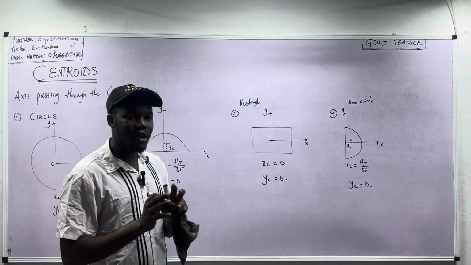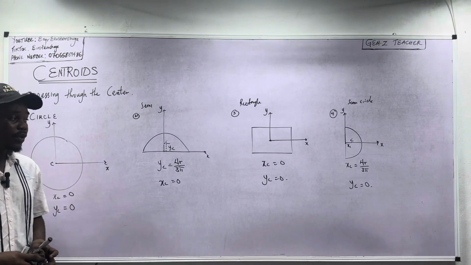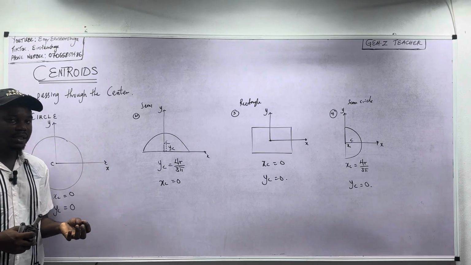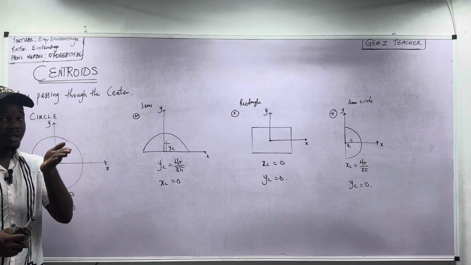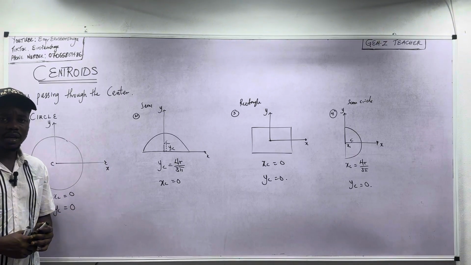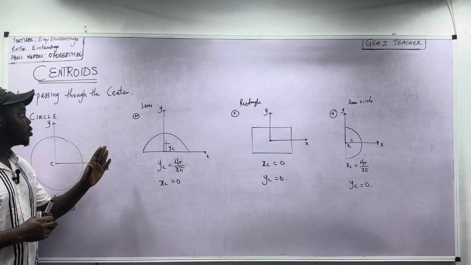So it is very easy; you can manipulate the kind of diagram given to you. If the axis is passing through the middle, try to observe the shape and see if there is a distance from the center to the x-axis or from the center to the y-axis. If there's no distance, it becomes 0. This will also help you in solving questions under centroid.